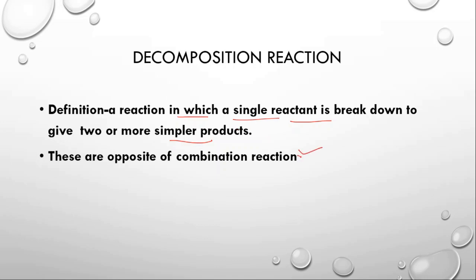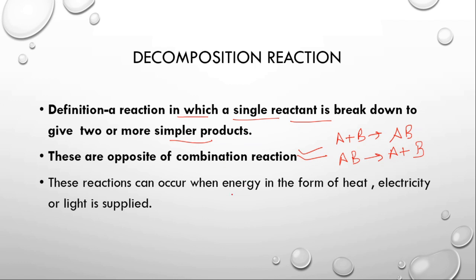Yes, these are opposite of combination. Why so? Because in the combination reaction, reactants were reacting together to give a single product, and in this decomposition reaction, a single reactant is going to break down and form two or more products. So, it is the opposite of a combination reaction.